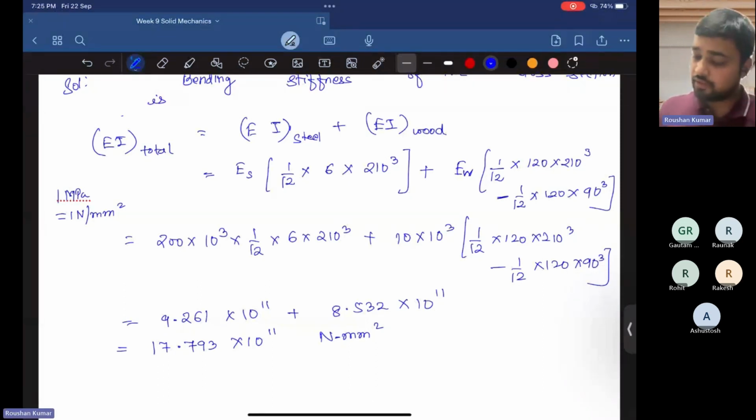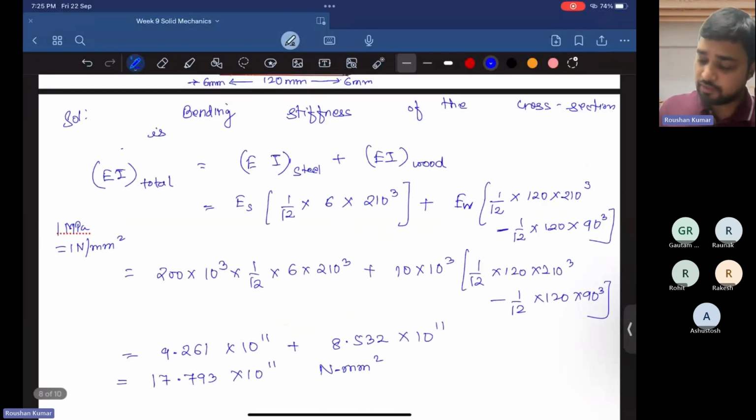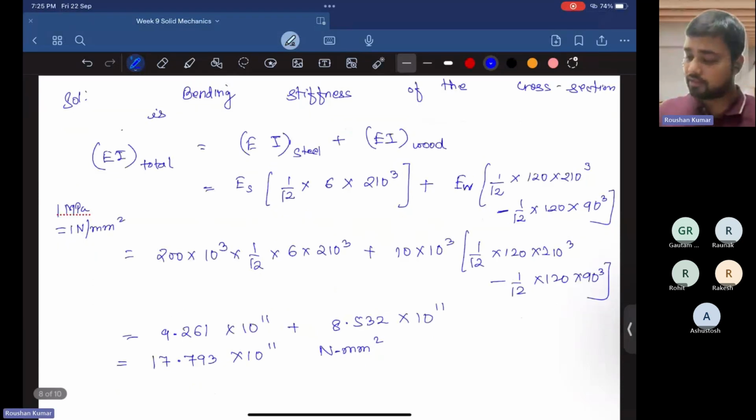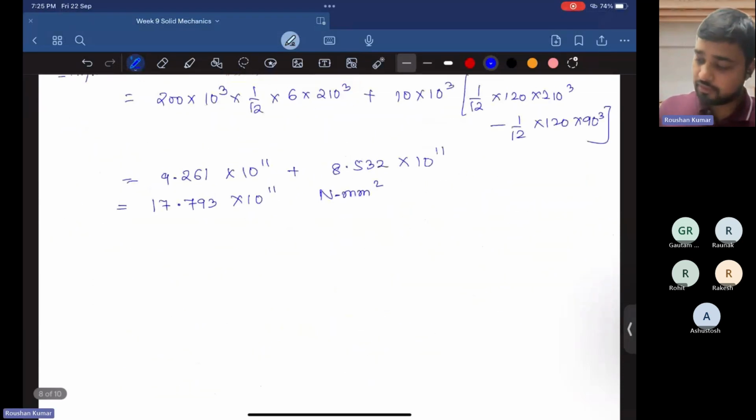So we have found the value of total bending stiffness of the cross section. Now the first part of the question is to calculate the curvature induced in the beam.